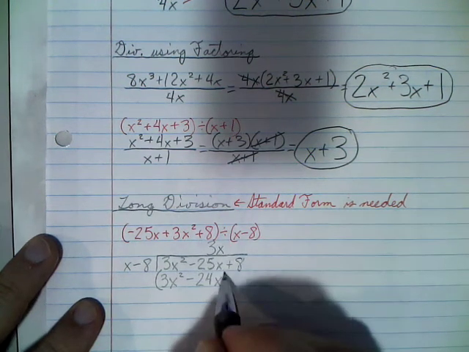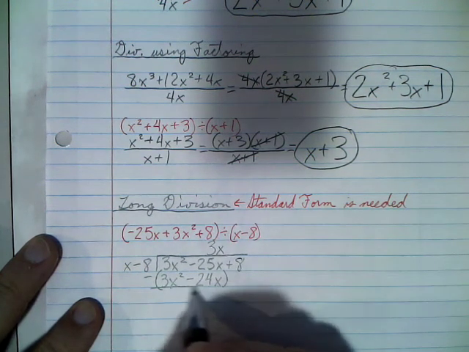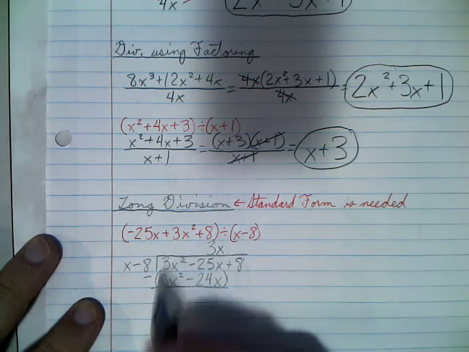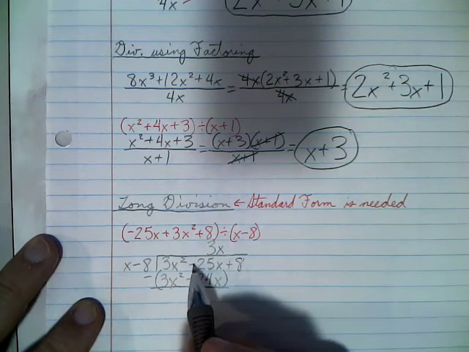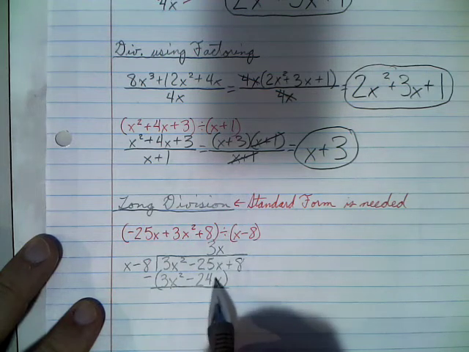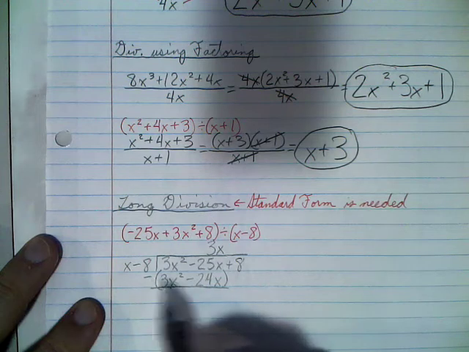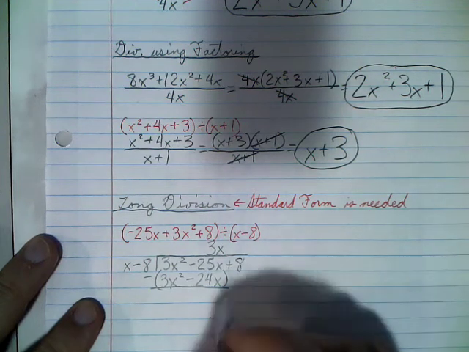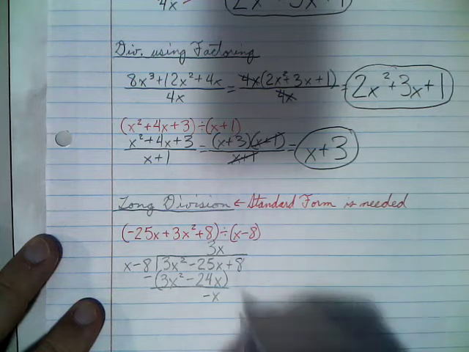I'm going to subtract this now. So my 3x squared and my 3x squared are going to be gone. And then a minus 25x minus a negative 24x. So minus a negative, this will basically be plus a positive. So negative 25 plus positive 24 will be a negative 1, or negative x.